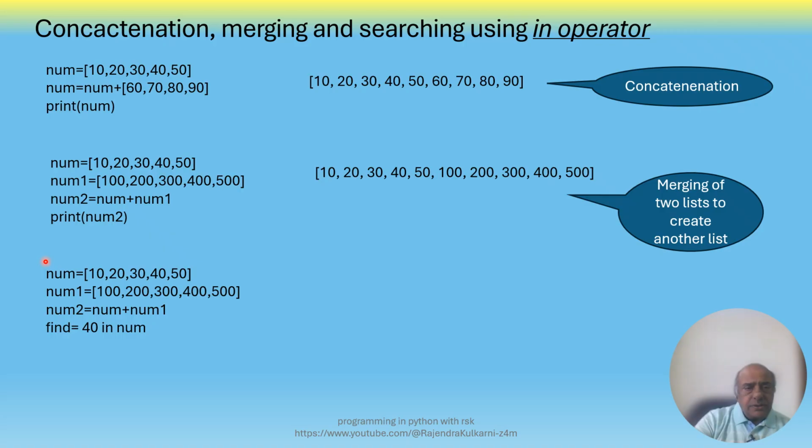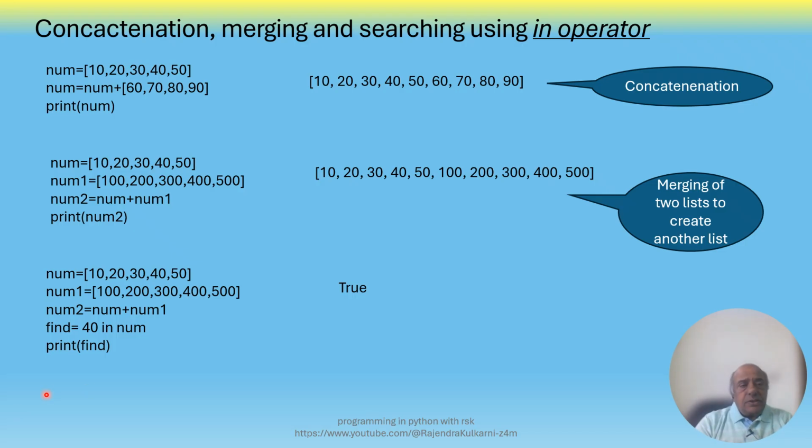We can find the content of a list using the in operator. Now what we are doing here is find is equal to 40 in num. Our list num contains 40, so what we get is true.